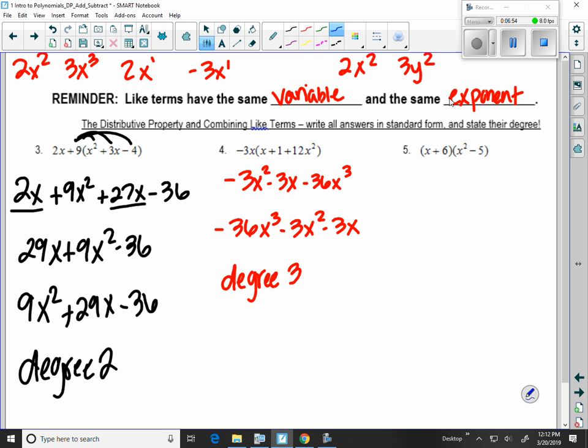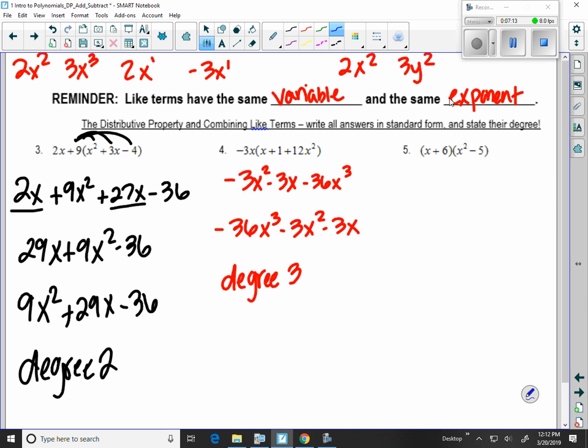Once you get that done, check up here on number 4, see if you have the same answer. Do you agree with me? Okay, any issues?